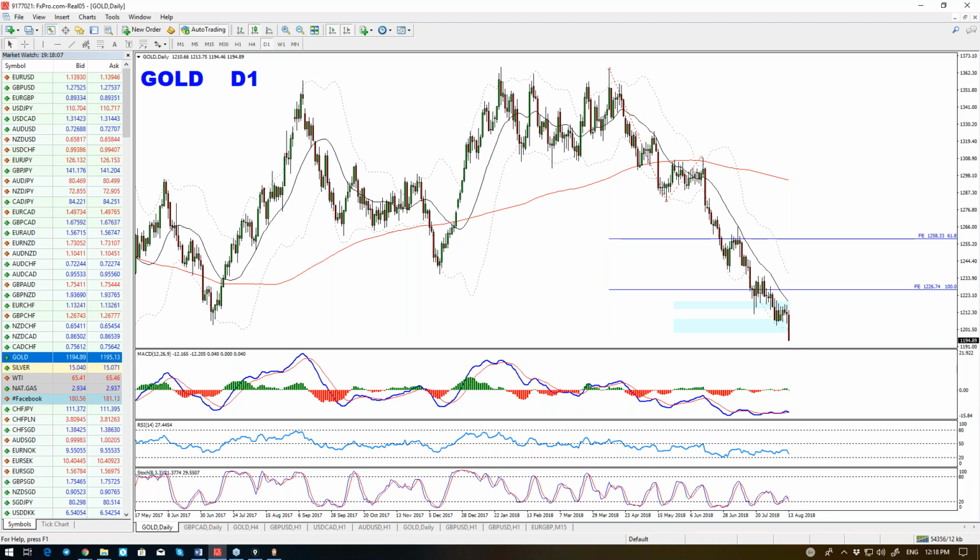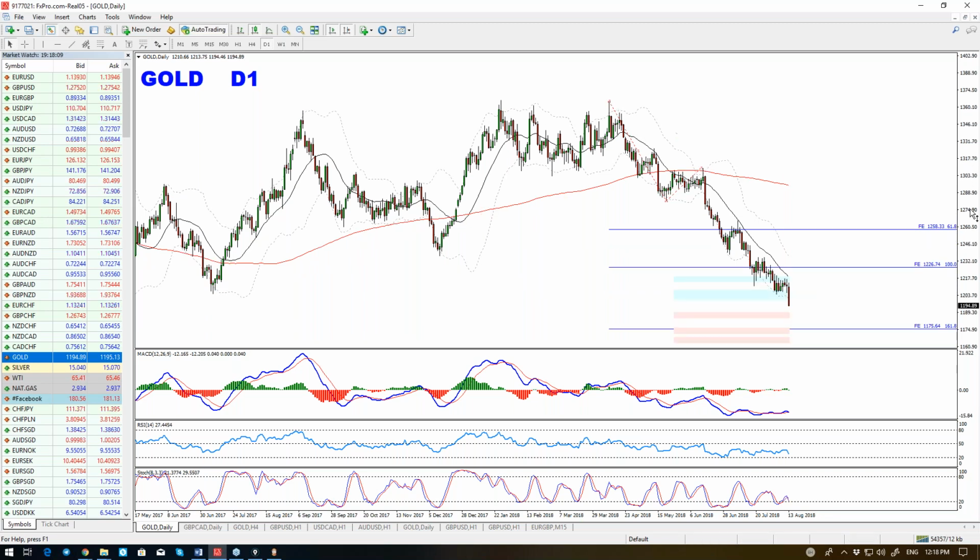So what we have here is extended move, the next zone, which is 1180, 1175. Look what happens here. The first leg is a cycle by itself. The correction is double cycle by itself. The next leg is developing as a cycle by itself.